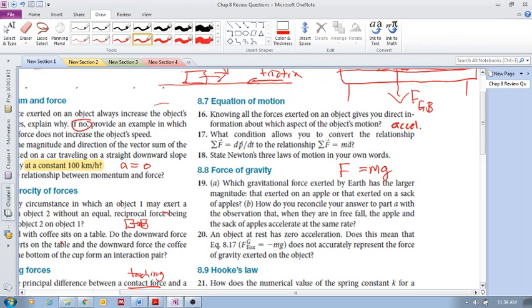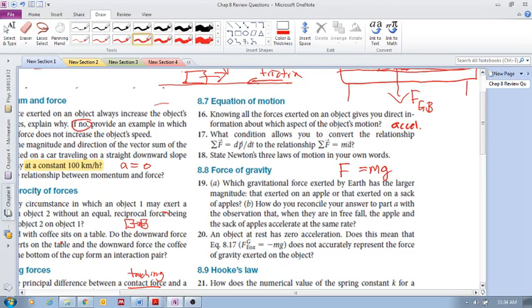So for a single apple, the force will be a certain magnitude, whereas for many apples, a sack of apples, the inertia will be larger, so the force exerted, the force of gravity, will be larger. So it's larger on the sack of apples that has a larger inertia.